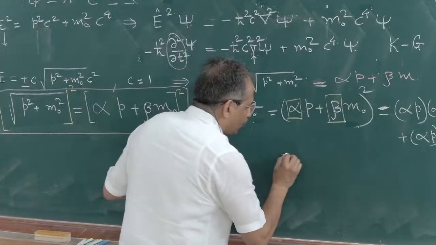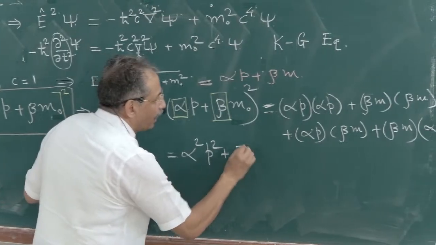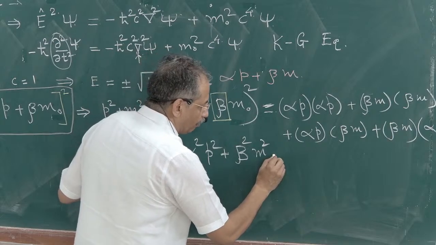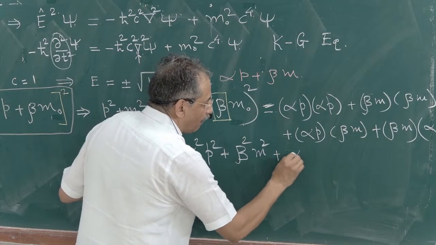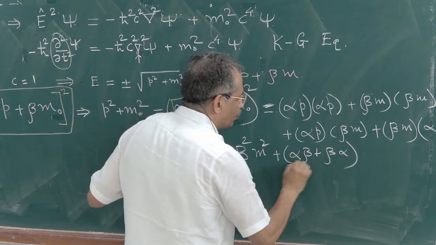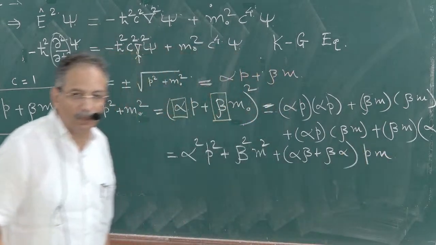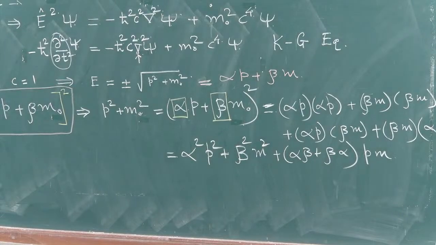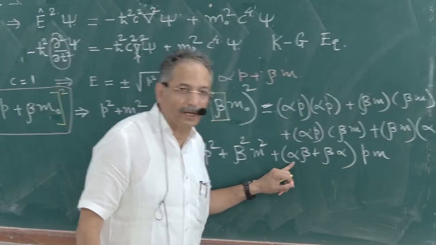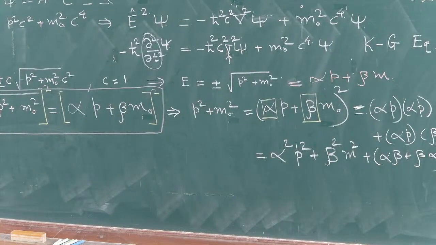I am rewriting this equation: alpha square p square plus beta square m square plus alpha into beta plus beta into alpha times p into m. So p into m is equal to m into p, that we already know, but we are not aware what alpha and beta are. So we have to honor the order of operation of alpha on beta and beta on alpha.